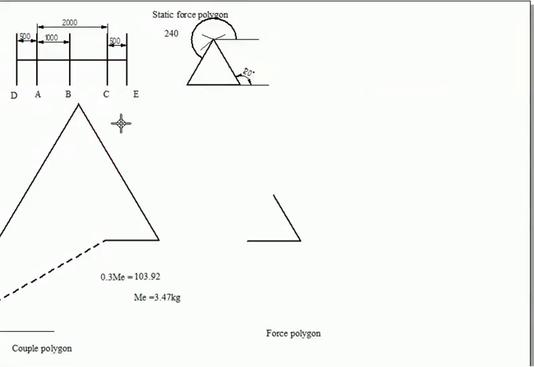So length of the next line will be 0.347 and inclined at 30 degree.